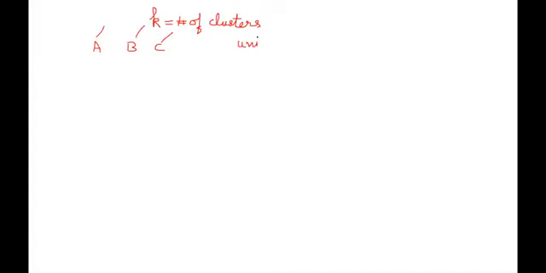My problem is not to divide data into k clusters, but to define the clusters uniformly. Let's say I want 4 students in each cluster, so 4 objects in each cluster.